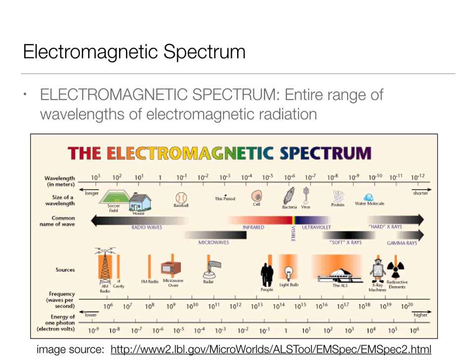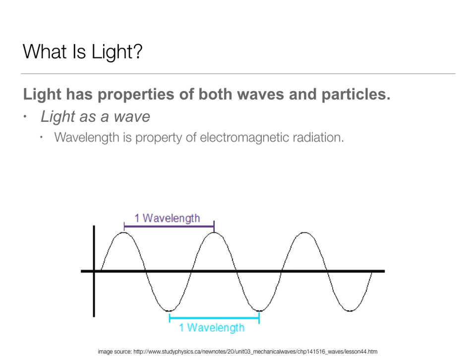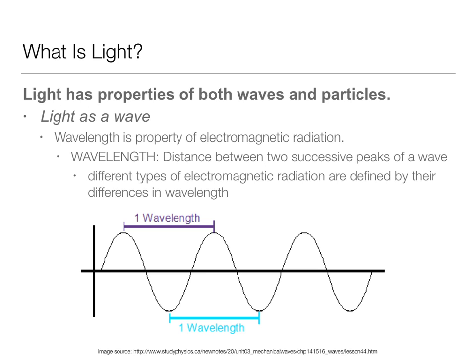So in this spectrum we have really wide waves on the left and really short waves on the right. Again, the average size of the visible wavelengths is somewhere around the size of a bacteria or a virus, so these wavelengths are still very, very small. Different types of this radiation are defined by their wavelengths.